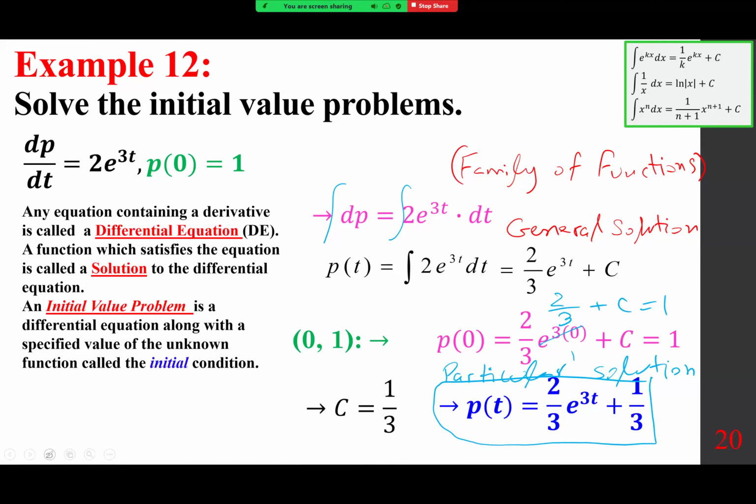So we have infinitely many solutions here. We've been doing the integration so far. It's the same as this one. When a pair is given, we can find the value of c and it becomes one of those functions, which is a particular solution based on the given initial value.